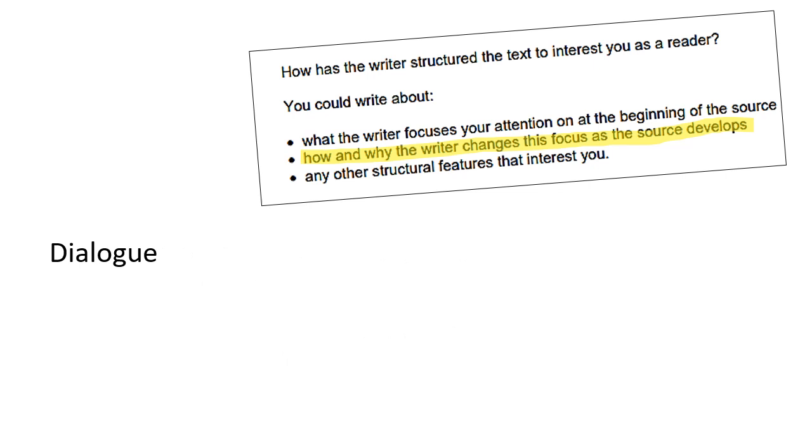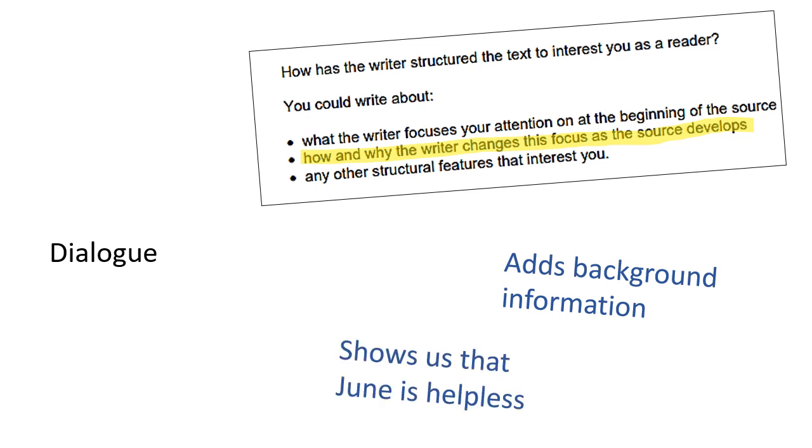So what is it that Margaret Atwood is choosing to include here? Well, it's dialogue, people talking. The effect of that depends very much on what's being said, to whom and by whom. But again, in general, the dialogue can add background information. It can show us that through no fault of her own, June is despised by Serena Joy.